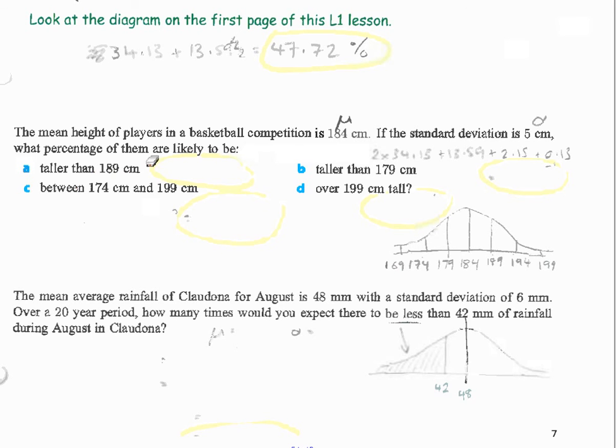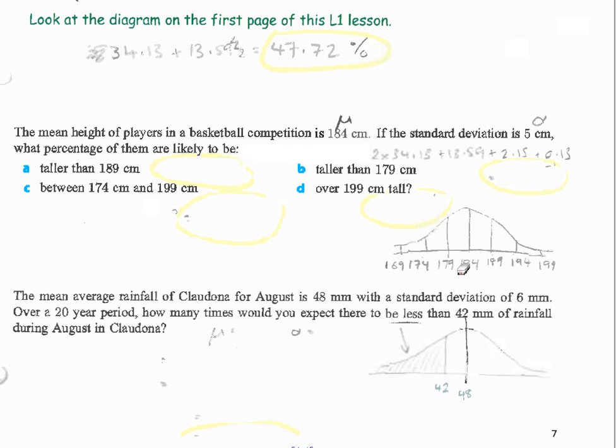So it might help to do a rough sketch of the normal distribution. I've just drawn the normal curve. The mean goes down the center. So the mean is 184. And then the mean plus 1 standard deviation would be 184 plus 5, so that's 189. Plus another 5, you'll get up to the mean plus 2 standard deviations.